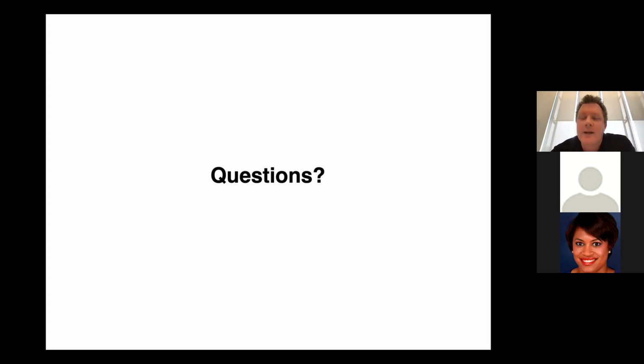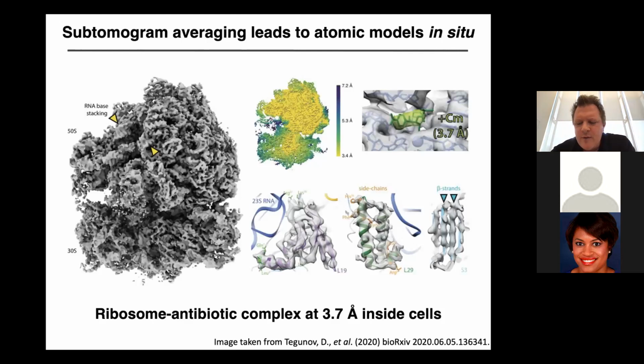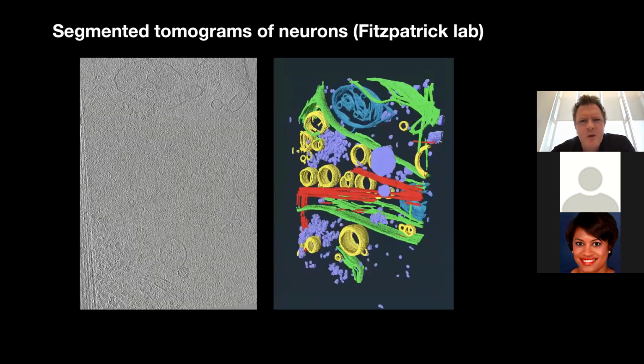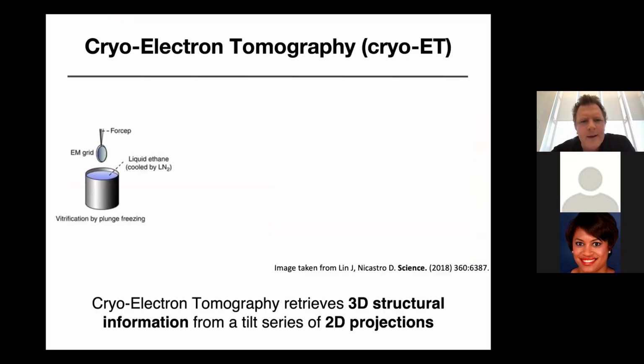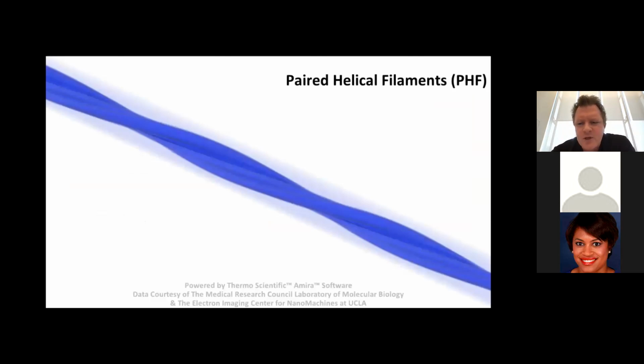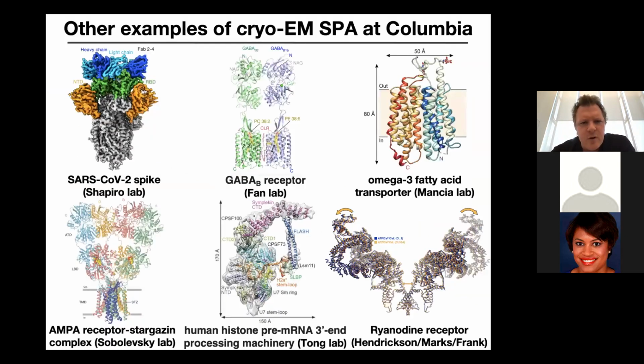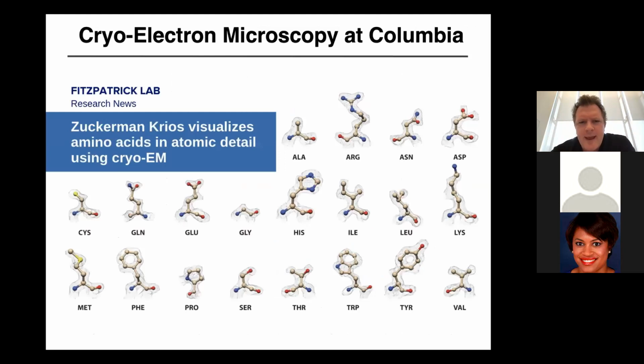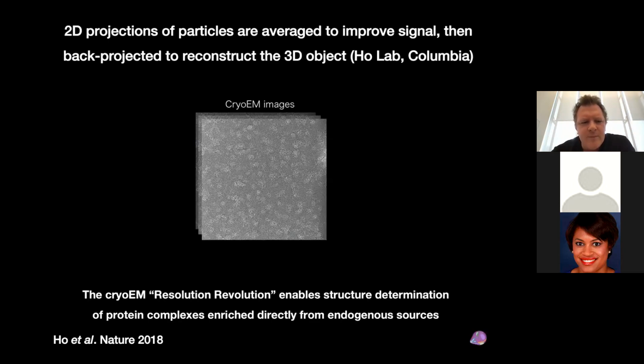Yes, I think that's a very good point. Going back to the example I showed here, the endogenous complex from Dr. Ho's lab, they actually used a CRISPR tag.